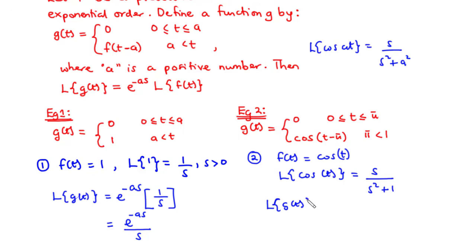It is equal to e to the power negative a, where a represents this value. So we have a to be pi here, times s, times s over s square plus 1. Therefore, the Laplace transform of g of t is e to the power negative pi s times s over s square plus 1.